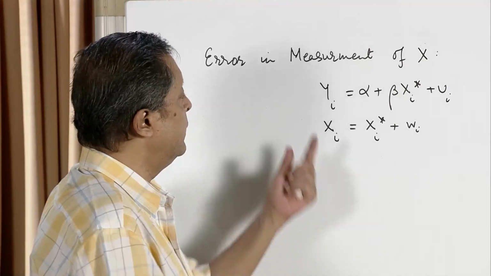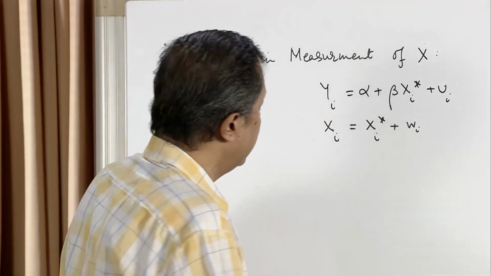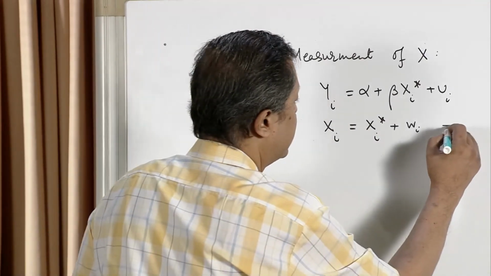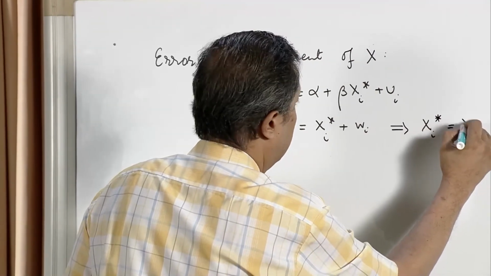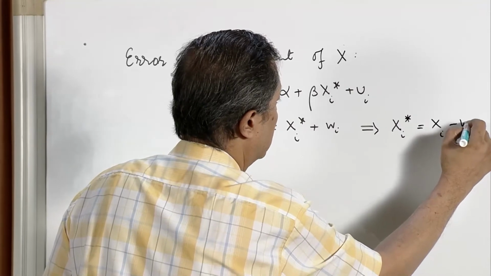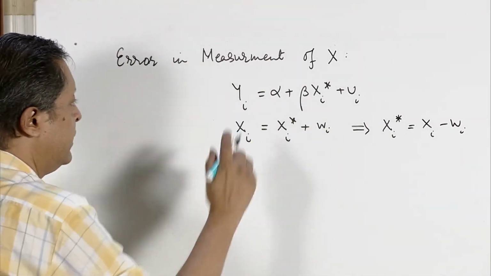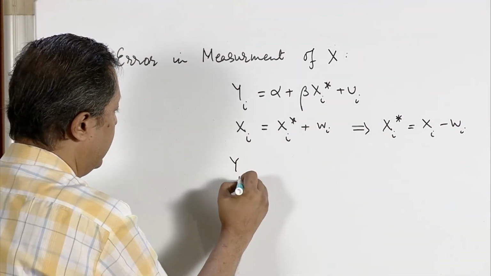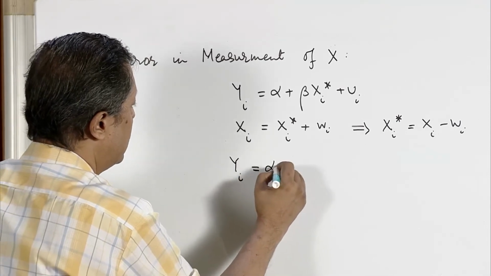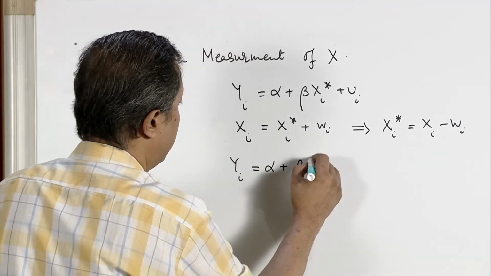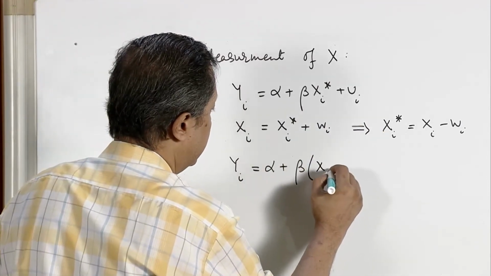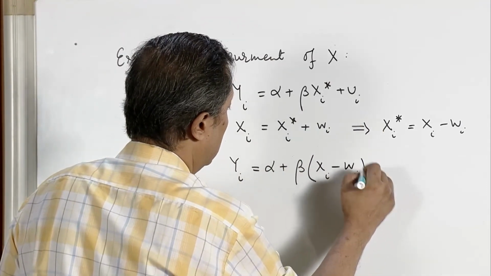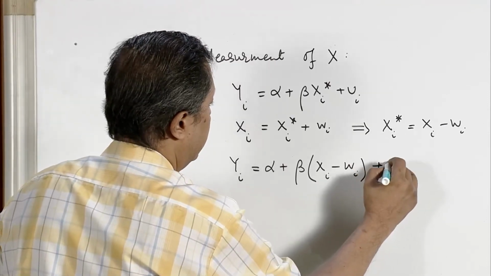Now, that means when we regress y on xi star, actually therefore, xi star is equal to xi minus wi, and when we incorporate this into the model, the result that we have is yi is equal to alpha plus beta times, instead of xi star we will write xi minus wi plus ui.